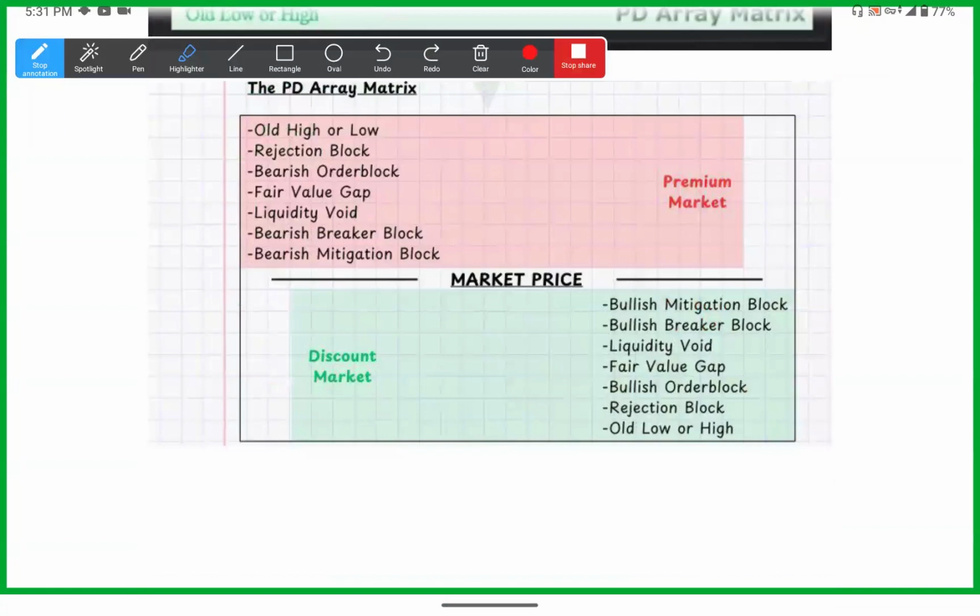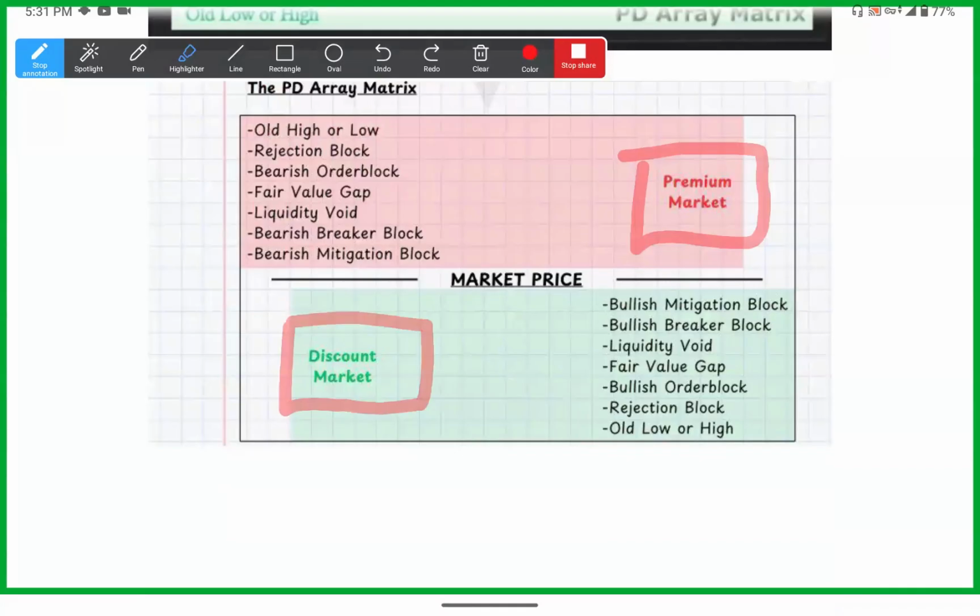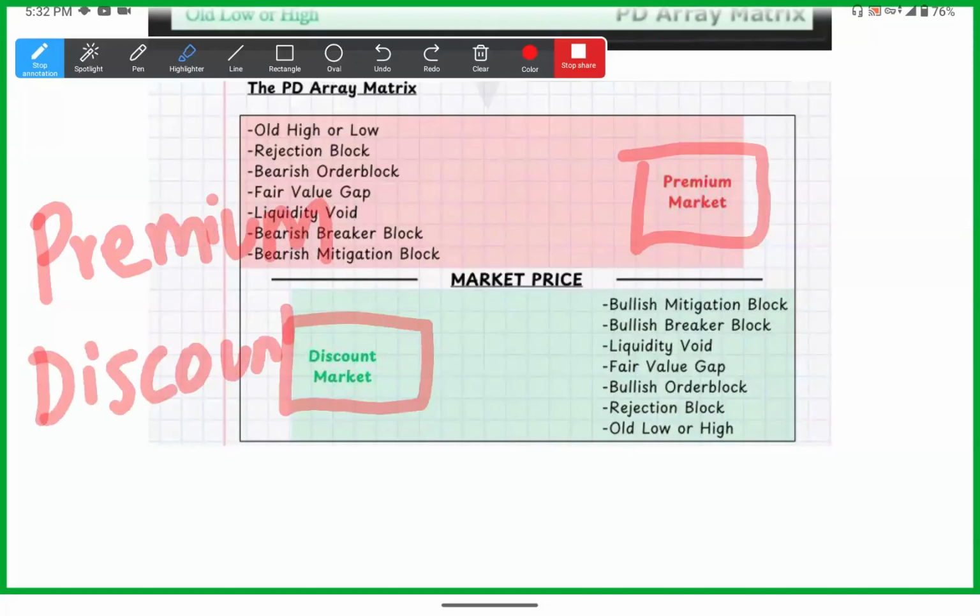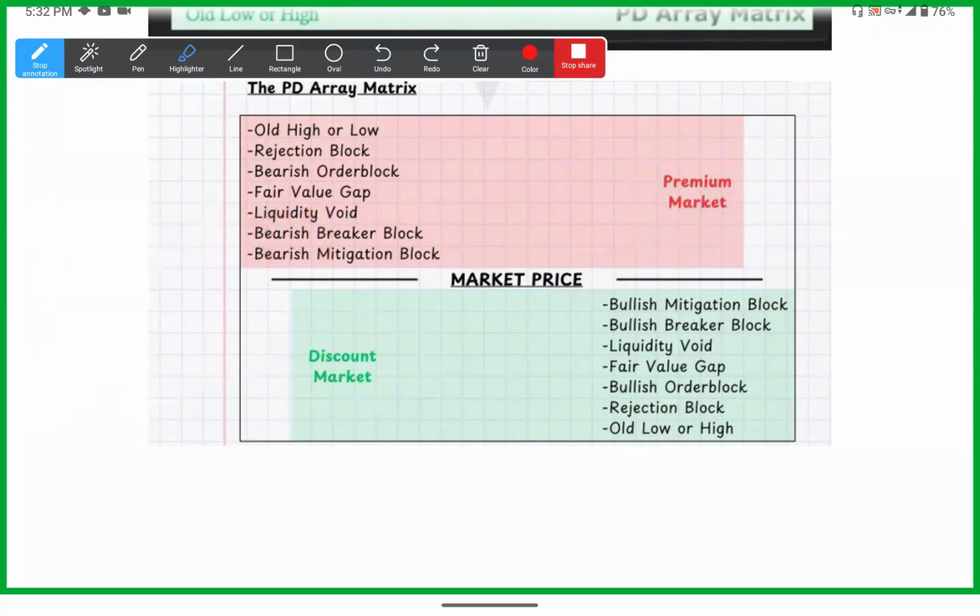We all know that in every market, say you have a business, in a scenario of a supermarket, you have goods, you will always price goods, some as premium goods with premium prices, and some you will sell at discount. Hope you're aware of that. So it is not different from trading, because in trading, we are trading in the market.